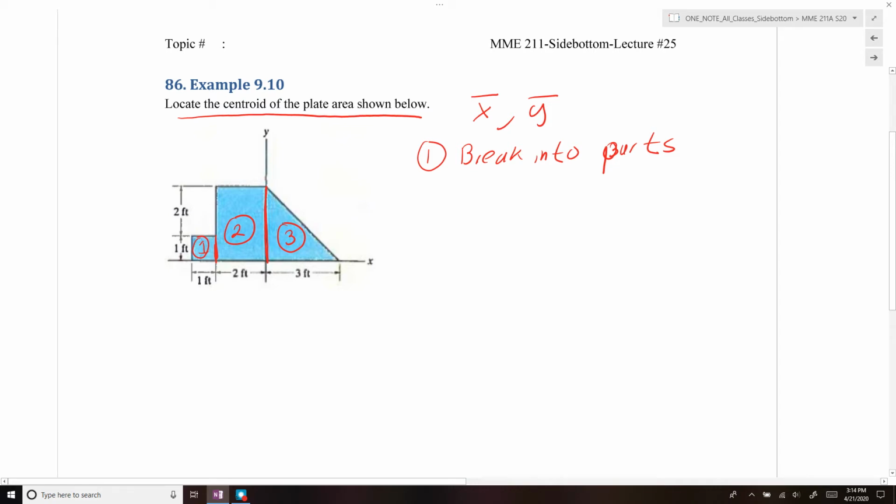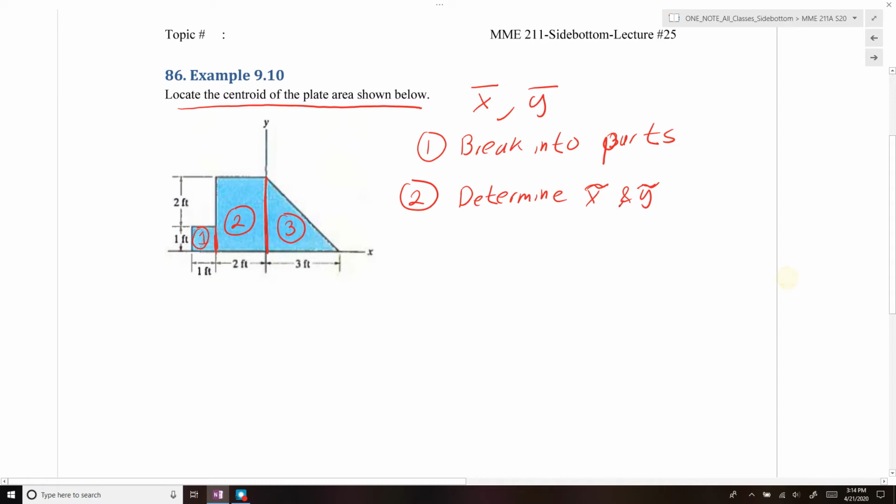So the second thing we're going to do is determine x tilde and y tilde for each section. And it really should be x tilde, y tilde, and the area for each section. So to do that, we're going to use our table.